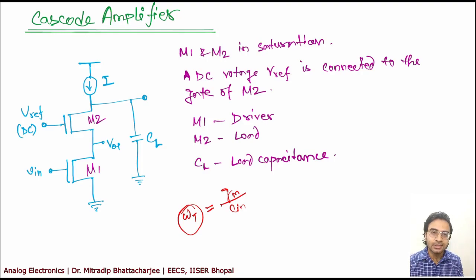So in this case, we need to break this law of gain bandwidth product, and we'll try to figure out a circuit which can give us a higher bandwidth without affecting the gain, right? So let us see what this circuit is, and as I analyze, I will keep on explaining.